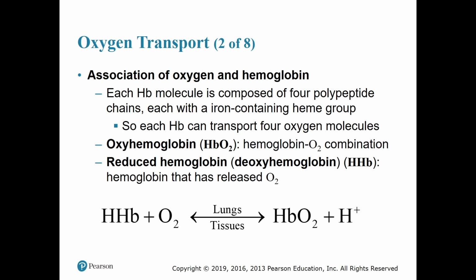Reduced hemoglobin, also known as deoxyhemoglobin, is hemoglobin that has released oxygen, and we can see this in this reversible reaction. So what happens in the lungs and what happens at the level of the tissues.